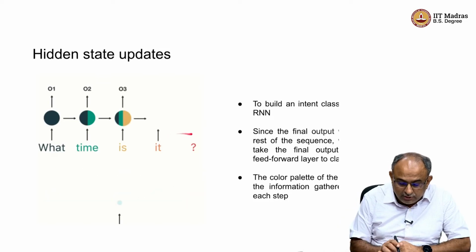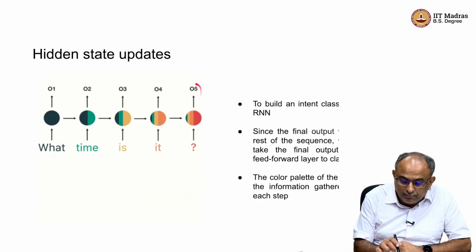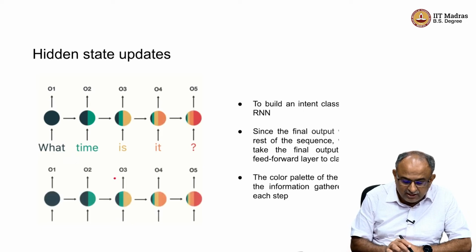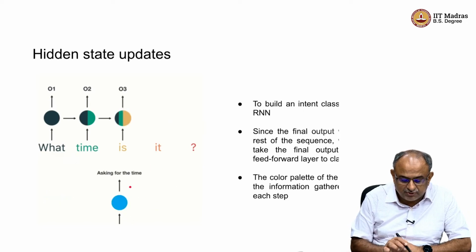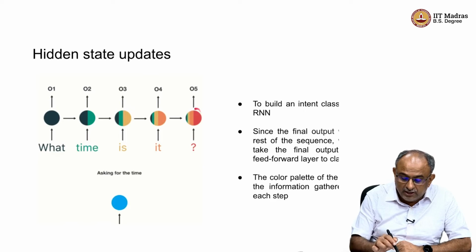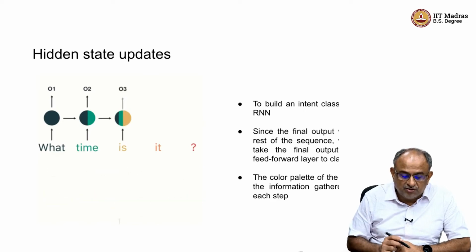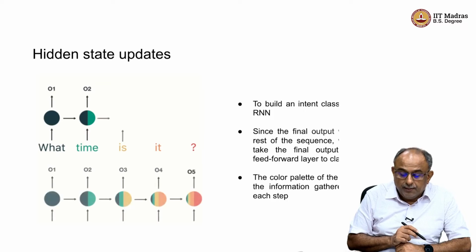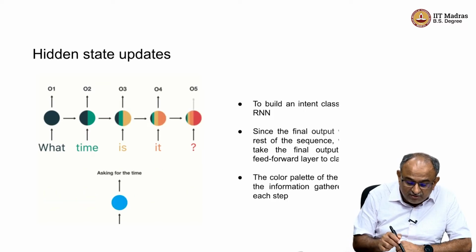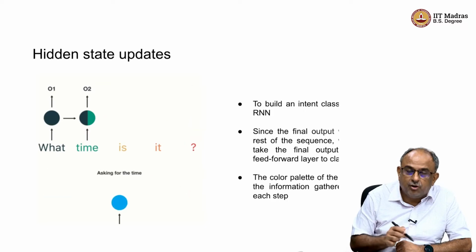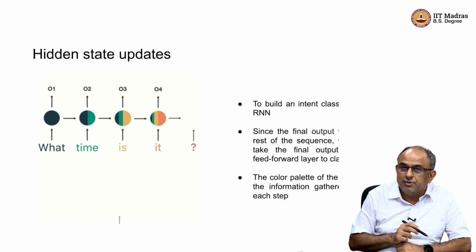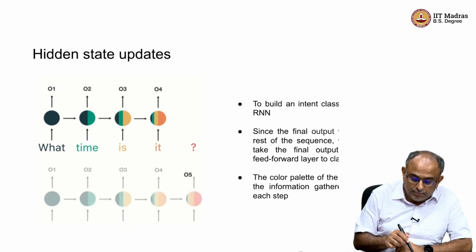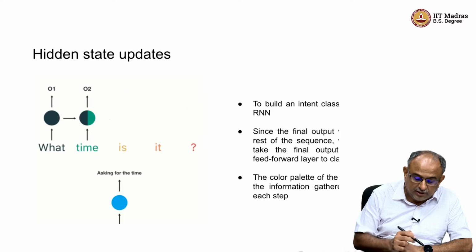So, once I do that, this output is usually what we feed for the intent detection, and it is going to say "ask for time", okay. But by looking at this output itself, you can see that time is an important idea, but it is going to have a very small role here, right. "What" and "time" are very important ideas, but in the intent detection they are not going to play a significant role if I take the output here, right.